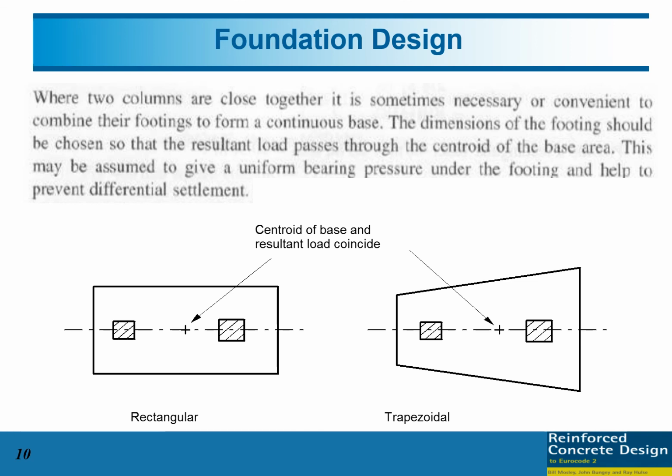The dimension of the footing should be chosen so that the resultant load passes through the centroid of the base area between these two columns. This may be assumed to give a uniform bearing pressure under the footing and help to prevent differential settlement. So when you design the foundation, we need to prevent differential settlement between these two columns.